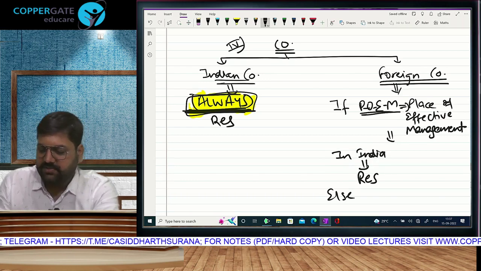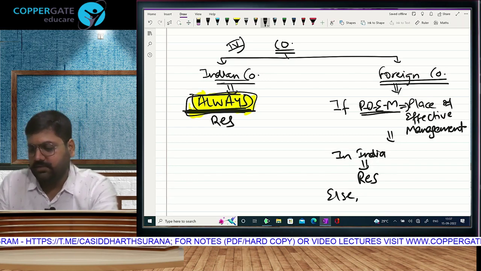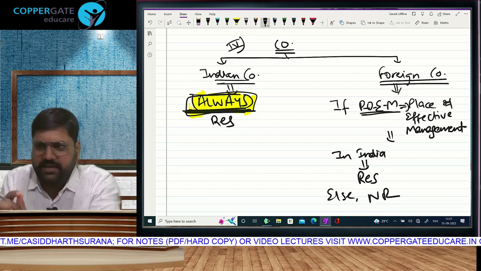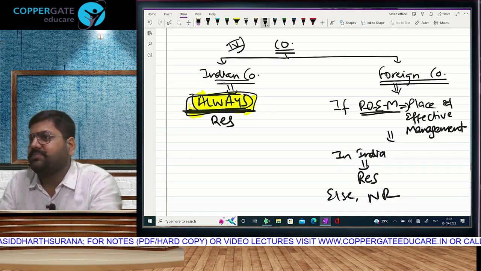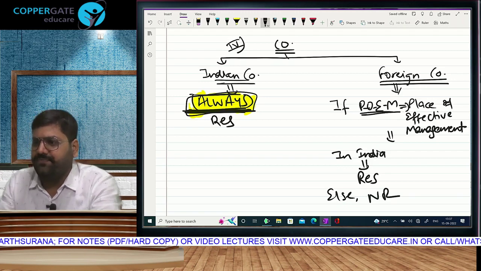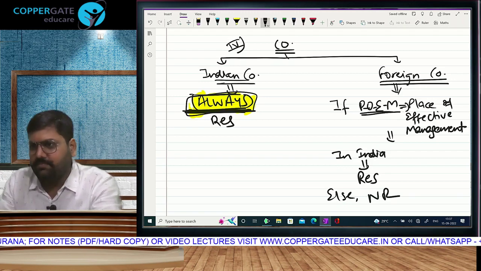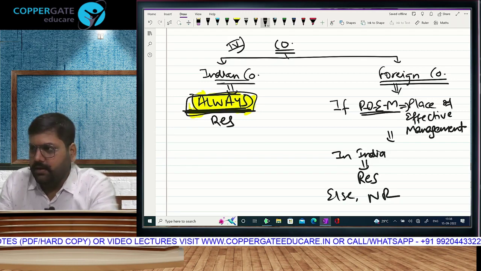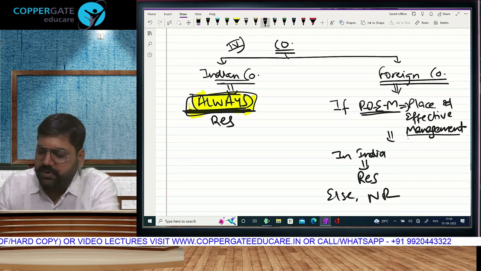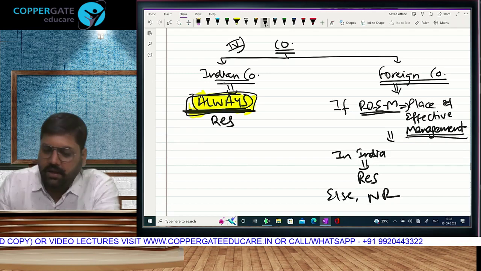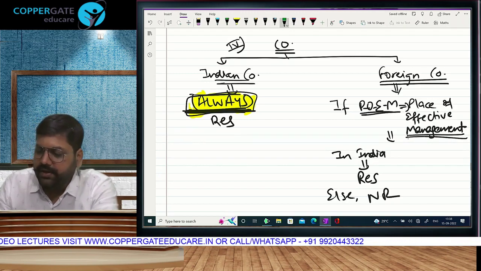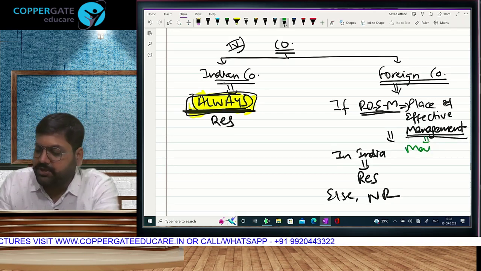Otherwise, else, understand? Else means if not, otherwise it will be a non-resident. So for foreign companies, the criteria is that your POEM, your place of effective management, should be in India. Okay, sir, what do you mean by place of effective management? If I have to tell you at inter level, inter level means major managerial decisions.